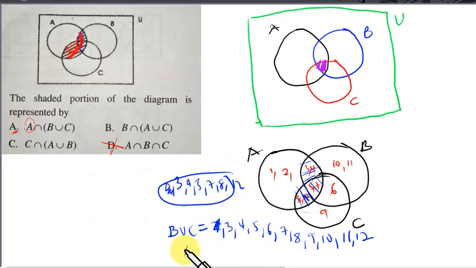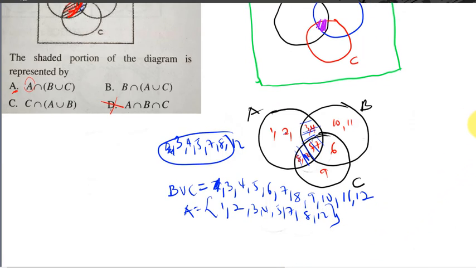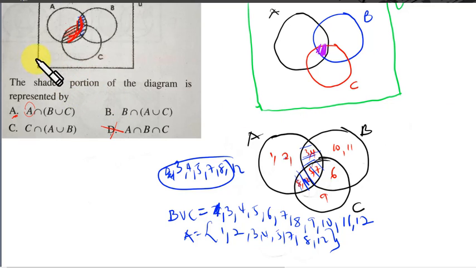Now, what is the set A? The set A is 1, 2. We have 1, 2, 3, 4, 5, 7, 8, and 12. So what is the intersection of the set A and B union C? What are the elements or members that I find in B union C and A?